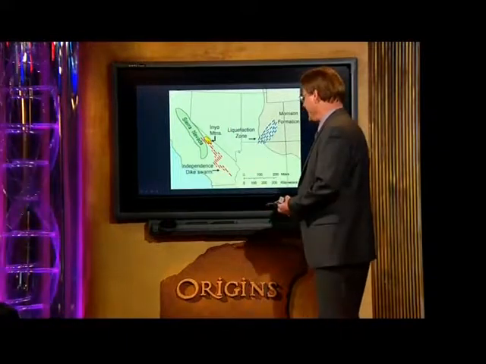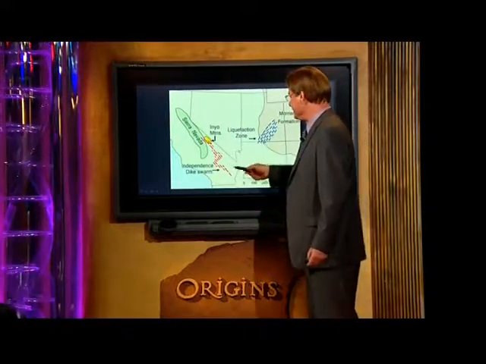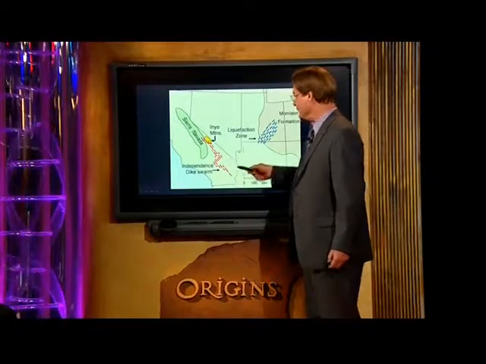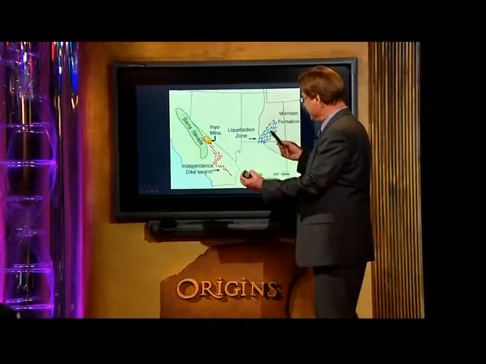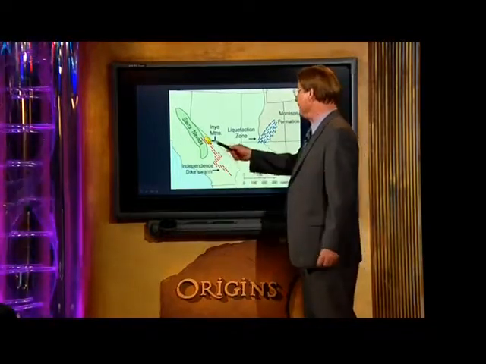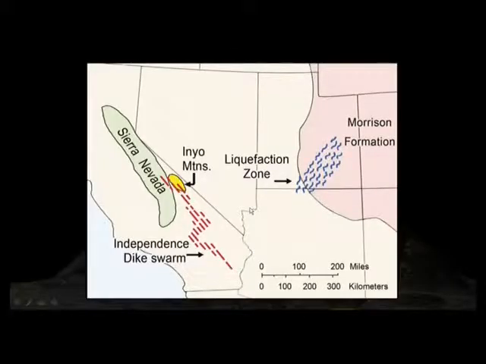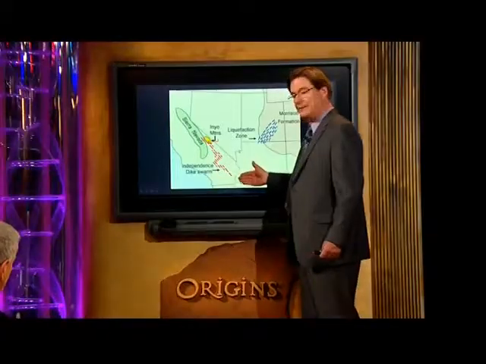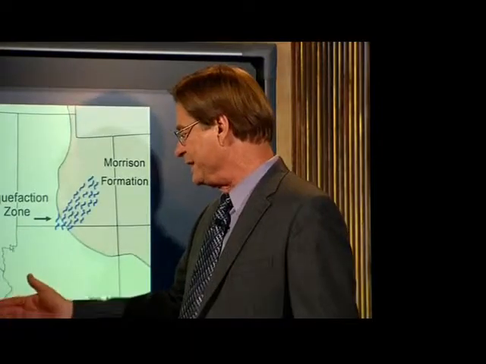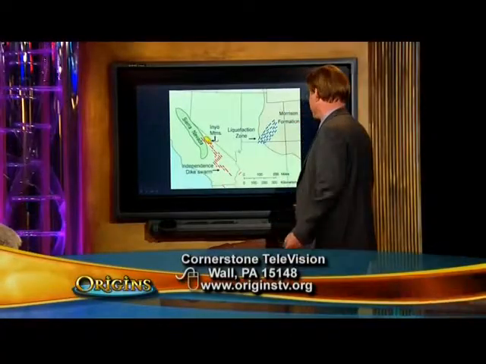So we call them dikes. And this is the substructure, we believe, of the supervolcano. There was a big volcano or supervolcano above. Perhaps the best place to see the supervolcano is in the Inyo Mountains of California. But we see the debris that sat on top of the supervolcano in certain places. But we see the underground plumbing system of the volcano expressed in eastern California and also down in Baja California.